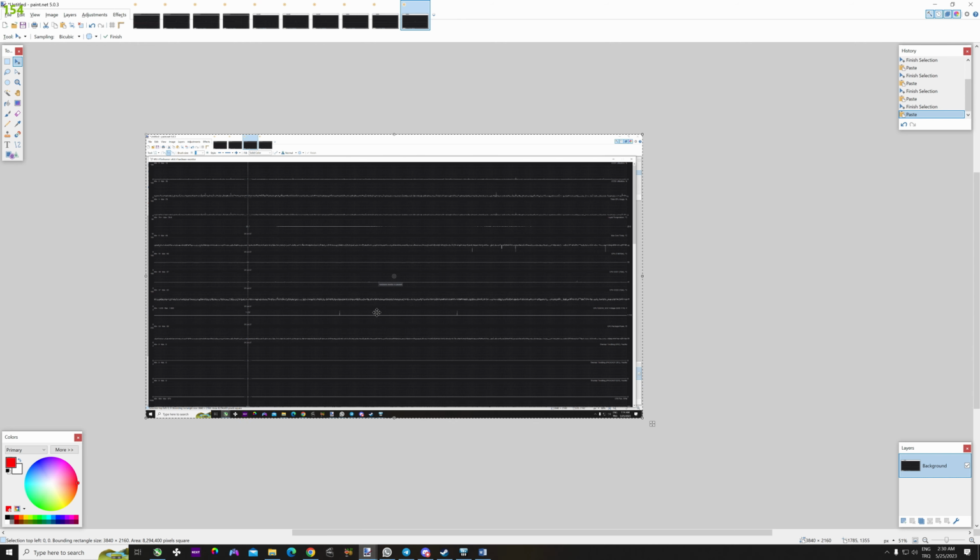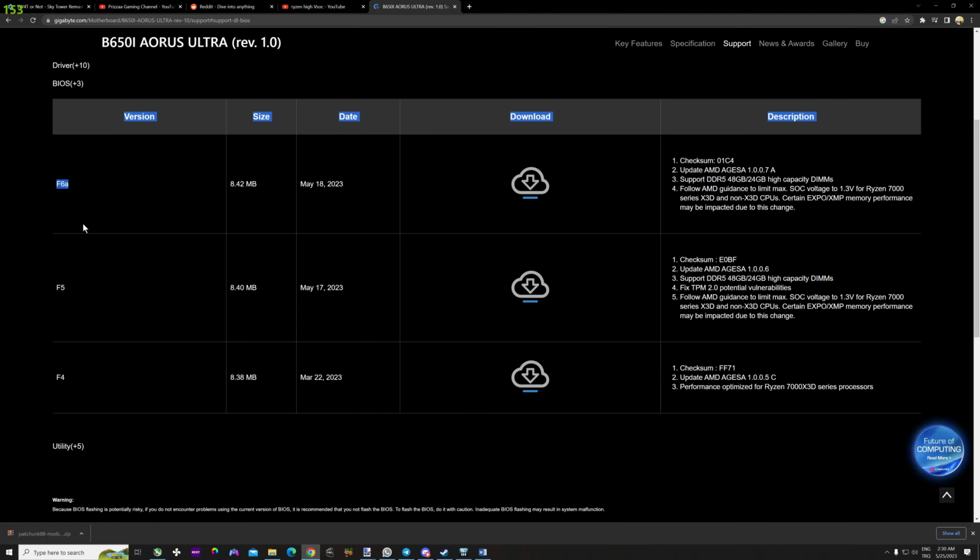The next thing I'm thinking of doing is trying the F5 BIOS. Well, I know this is a beta, right? But then I thought, surely if they fixed the voltage issue with F5, since it wasn't a beta one, they wouldn't reintroduce the bug in the new BIOS, even if it's a beta one, right?